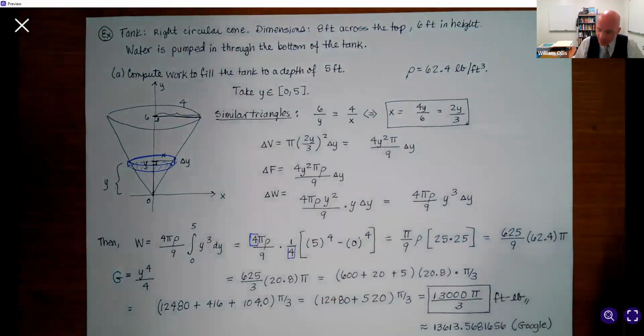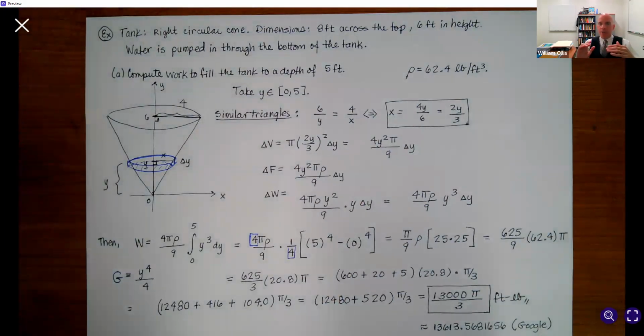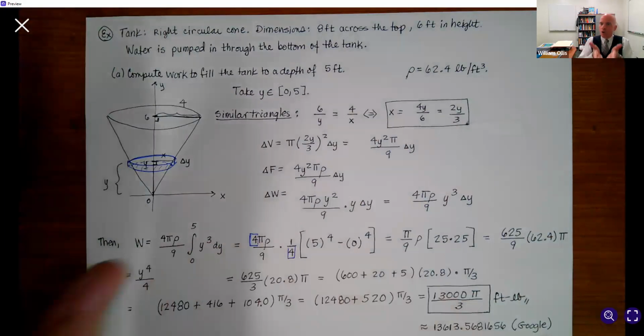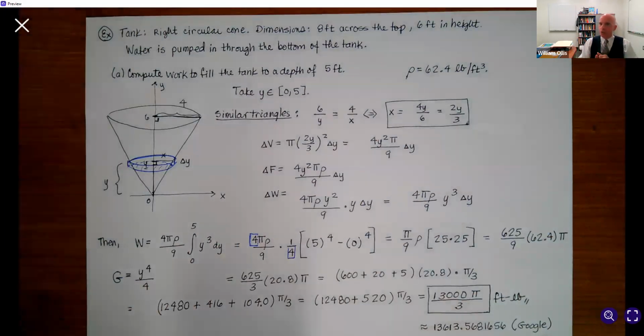So notice, and this is important, let's just think of the scenario of what we're doing. As you start the flow of water into the tank, it just moves up, just like in the shape of the right circular cone.